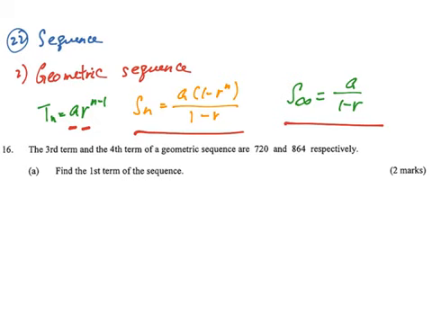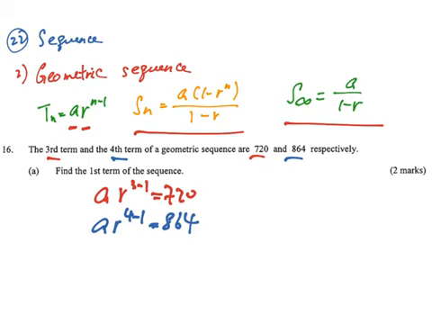The third term is 720. So ar to the 3 minus 1 equals 720. And for the fourth term, ar to the 4 minus 1 equals 864. Then we simplify, and we can get ar squared equals 720, and ar cubed equals 864.